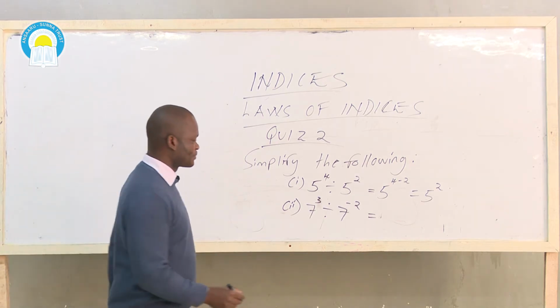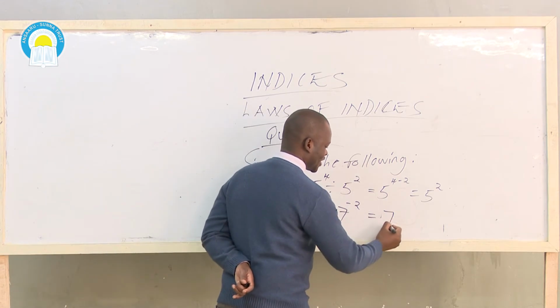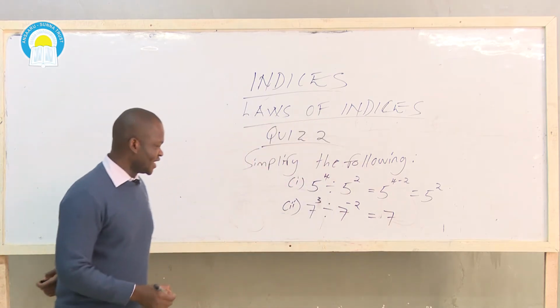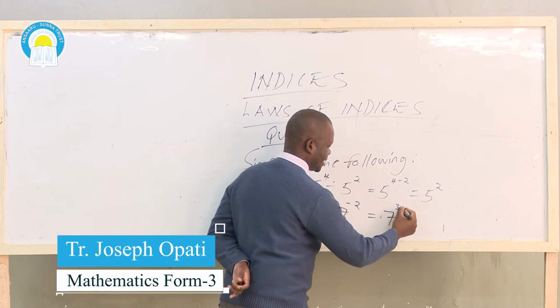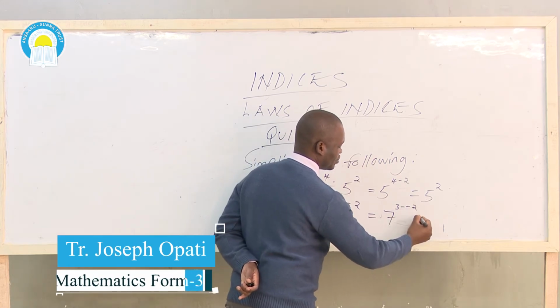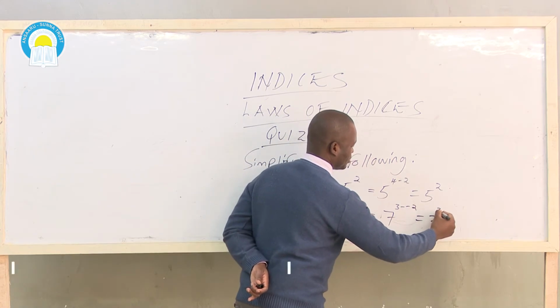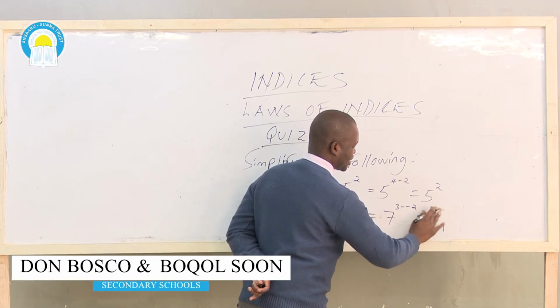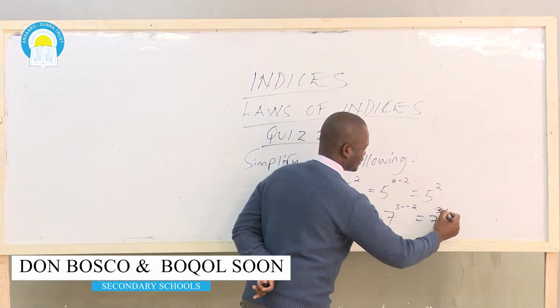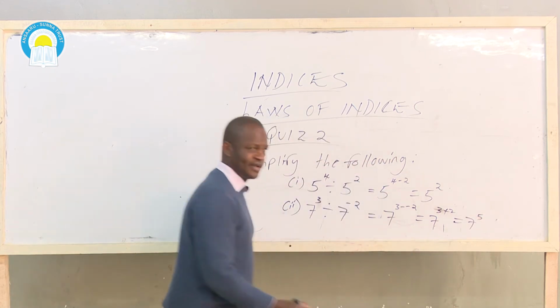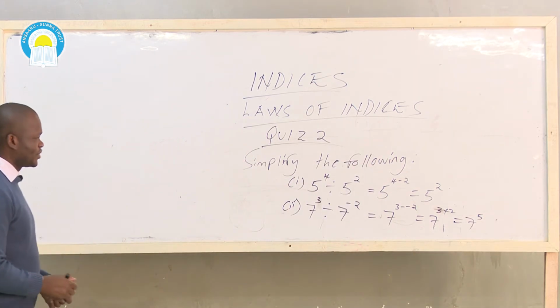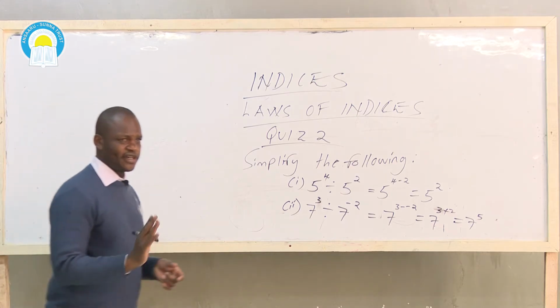What about here? Of course, don't forget what you were taught in indices in form 1. Here we shall have 7 power 3 minus negative 2, which in the end will come to 7 power 3 plus 2, to give you 7 power 5.